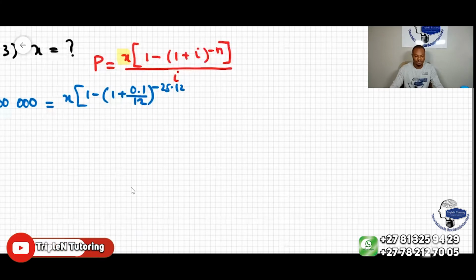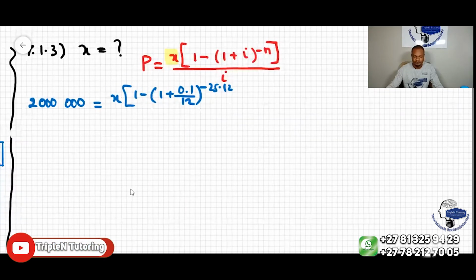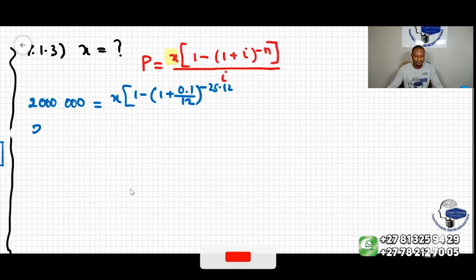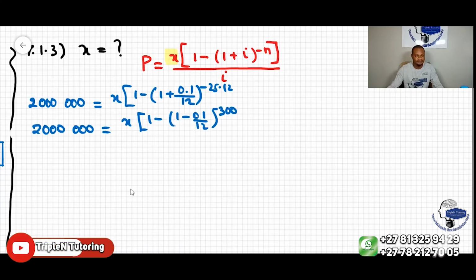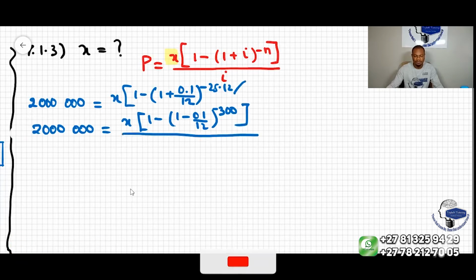This will be 2 million equal to X, in brackets, 1 minus (0.1 over 12) to the power of negative 300, all over i, so 0.1 over 12.